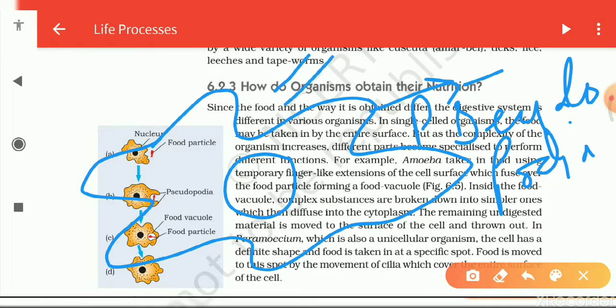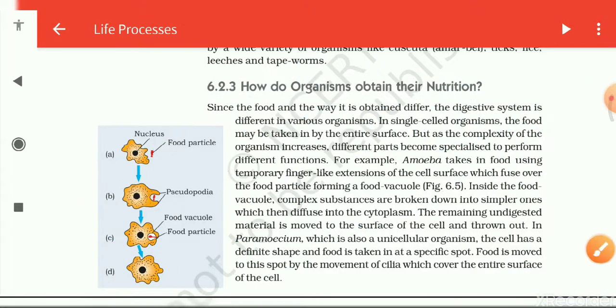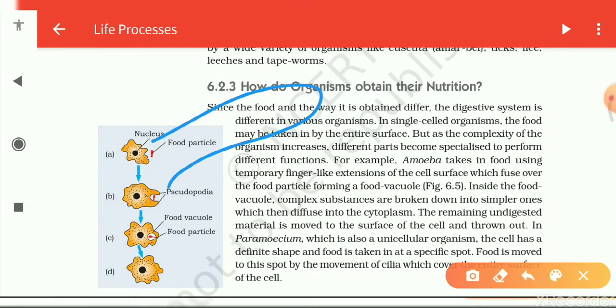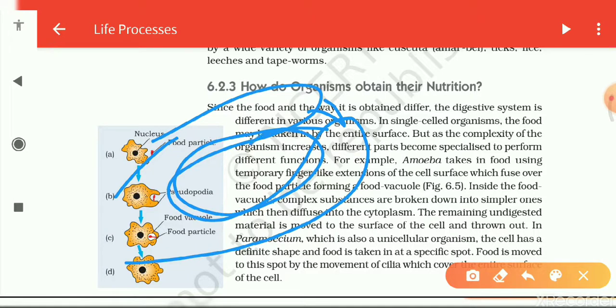Then students, when the pseudopodia is moving, if any food comes inside this body, then this pseudopodia joins together like this and makes the vacuole.